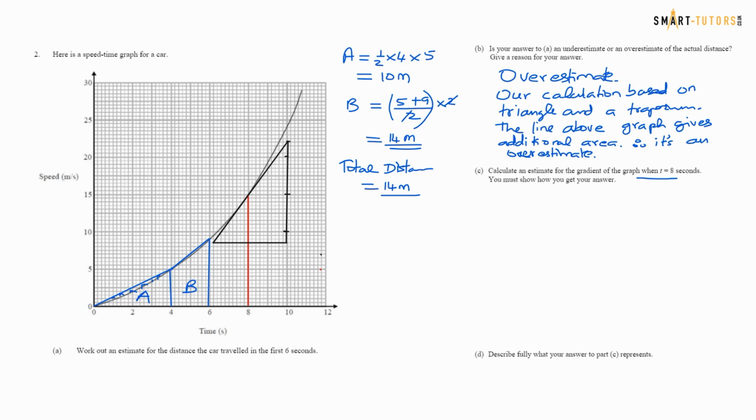So 4 plus 3 is 7 boxes here. So altogether 27 boxes there, right? So 2 boxes is 1, so 27 boxes is 13.5.